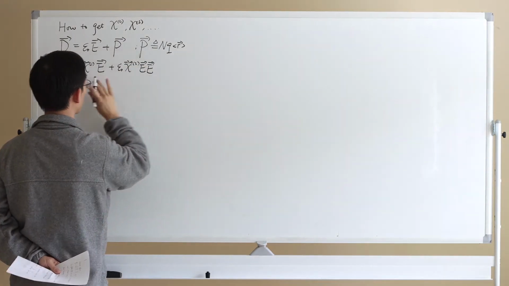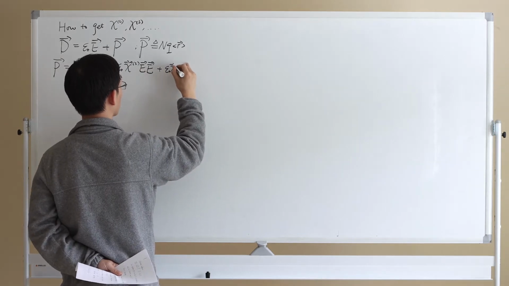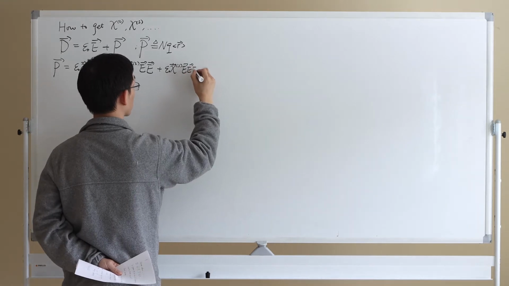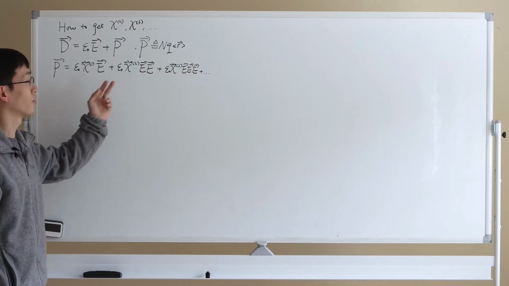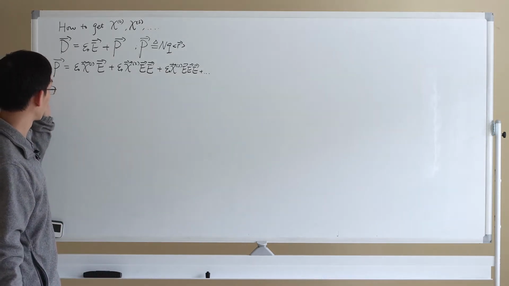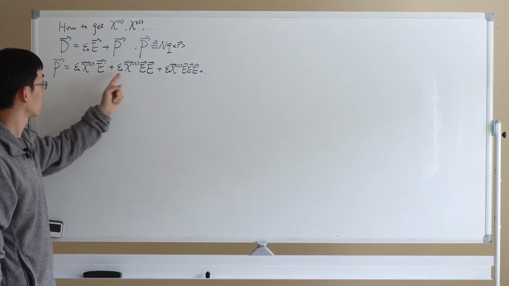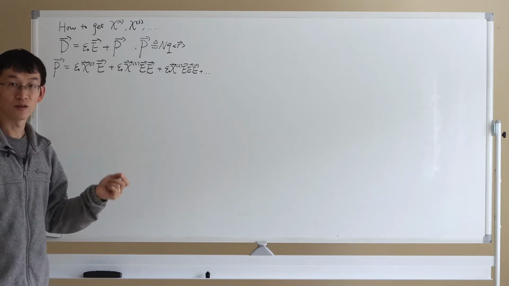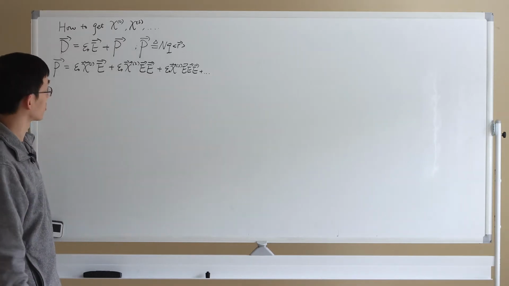The first order is linear, the second order is next, then the third order, and you keep going. This expansion makes a lot of sense, and all these parameters you can measure from experiment. But we never told you how we can actually calculate these coefficients.